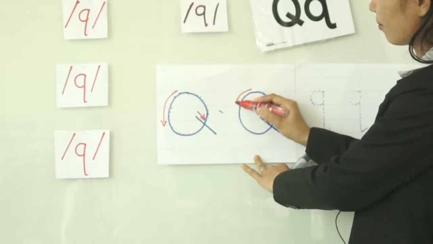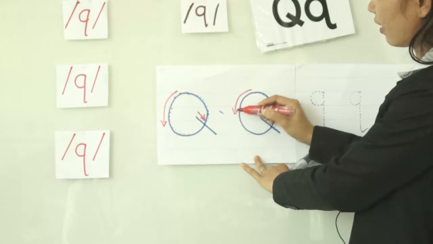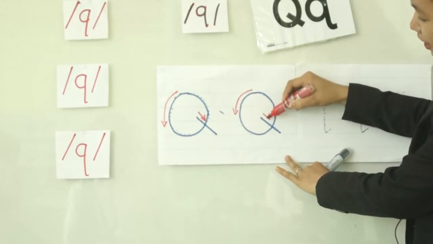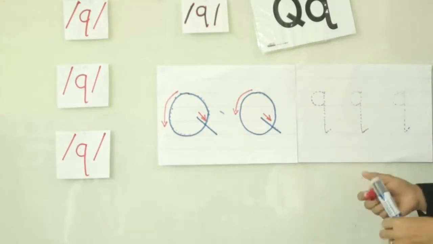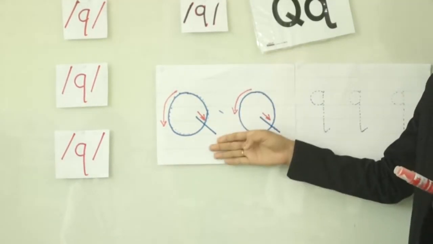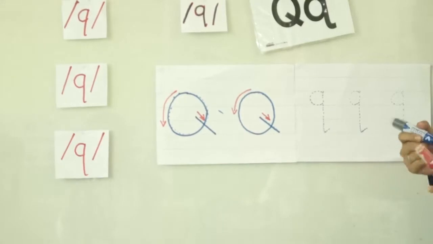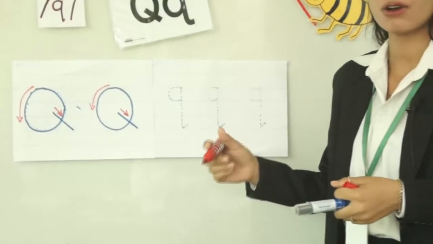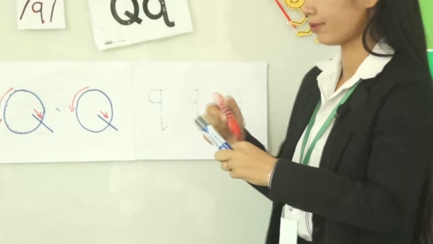Top to the circle and then one line near the bottom. This is uppercase Q. And now how to write lowercase q?